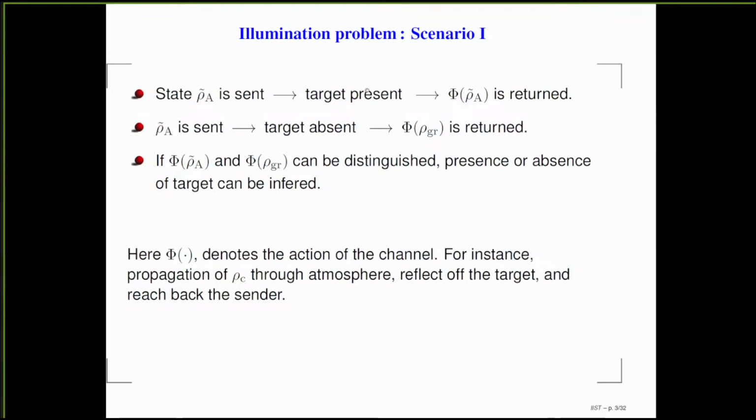This is what I call scenario 1. Very straightforward: rho A is sent, target present means phi of rho tilde A is returned. If target absent, phi of rho vacuum is returned. And if you are able to distinguish between these two different states, then we infer the presence or absence of the target. Okay, so this is scenario 1.